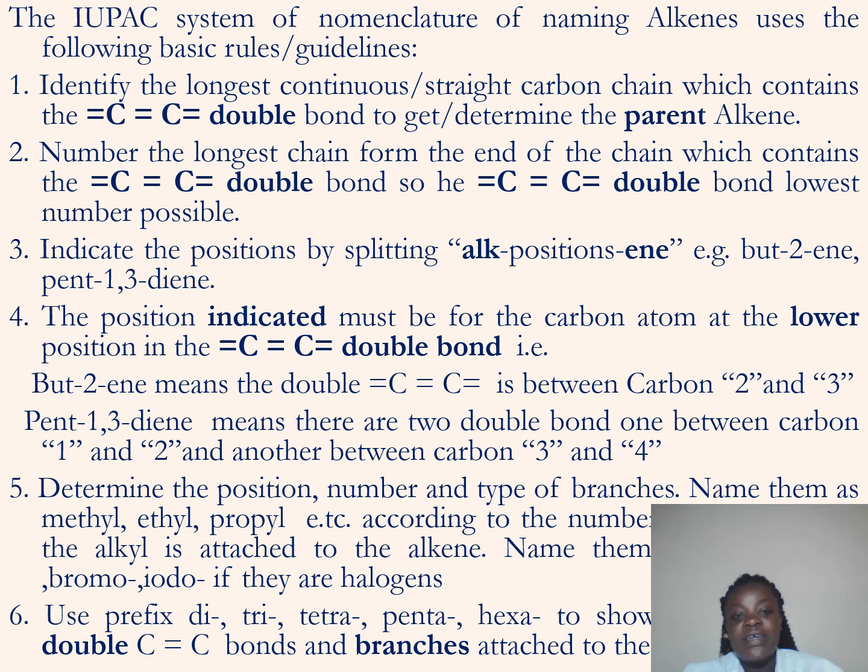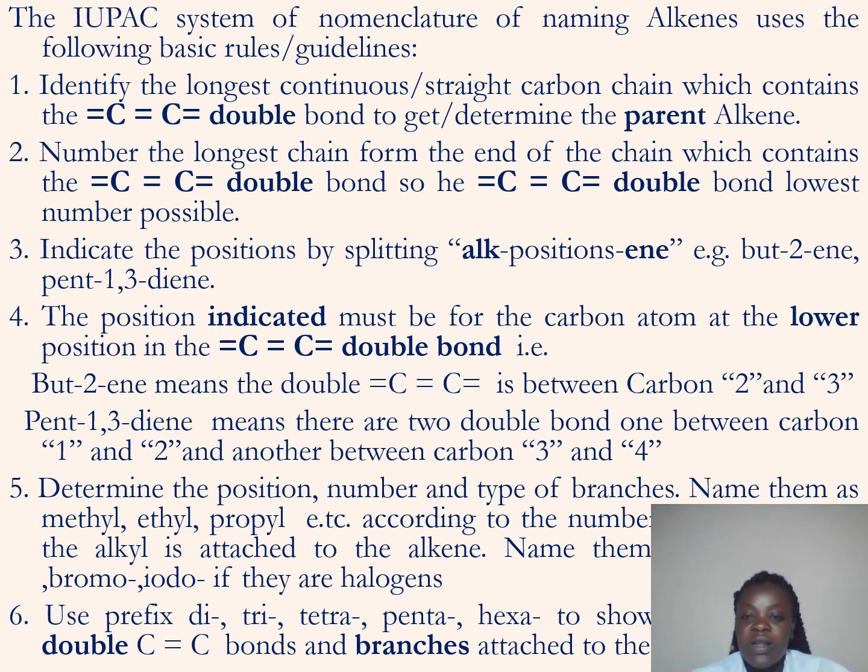Step number 3 is to indicate the position of the carbon-carbon double bond. While giving the name, you must give the position of the double bond. For example, if the double bond is at carbon number 2 and this is a butene, then you have to show that it is at carbon number 2.